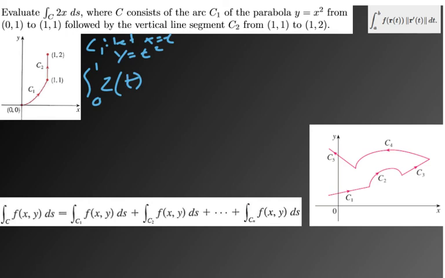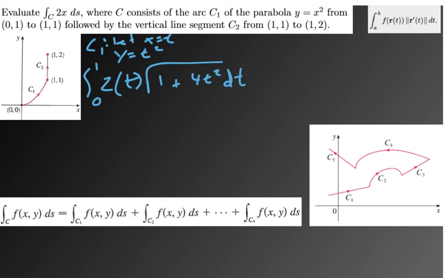And then we've got to have the magnitude part in here. The derivative of x with respect to t is 1, squared is 1. The other one is 2t, squared, which is going to be 4t squared. That's my magnitude part, and then I have dt.